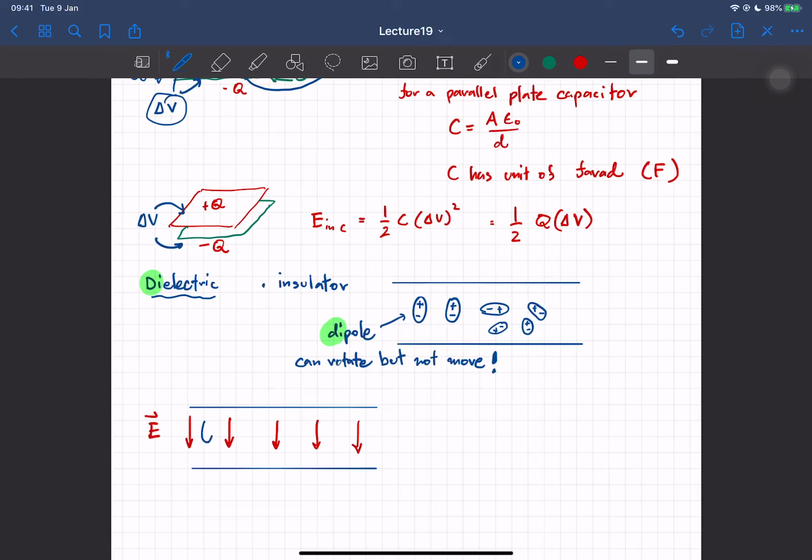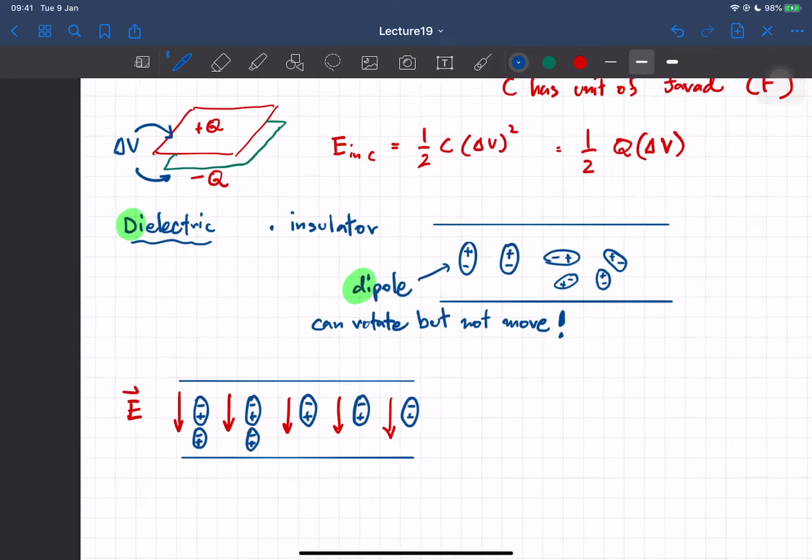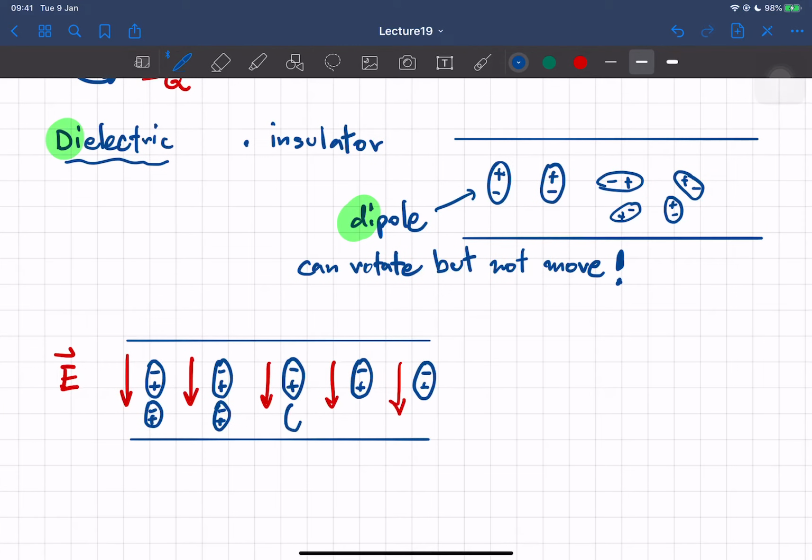So the dipoles, which used to be randomly oriented, now because of the presence of the electric field, will orient vertically like this, with the positive side pointing down.